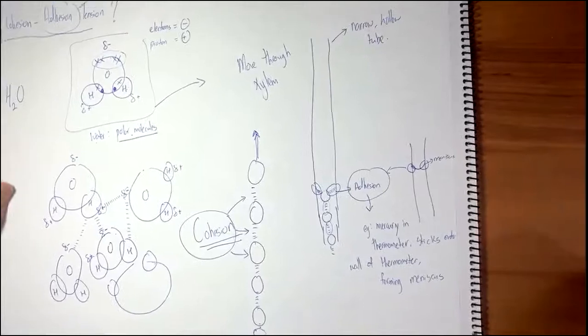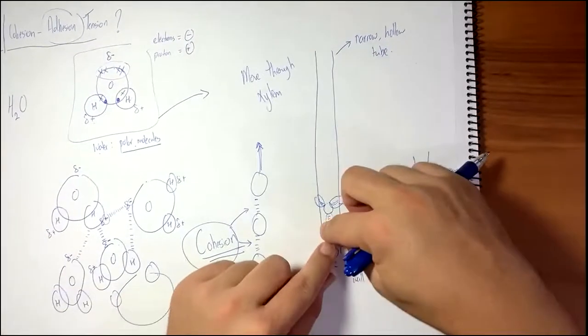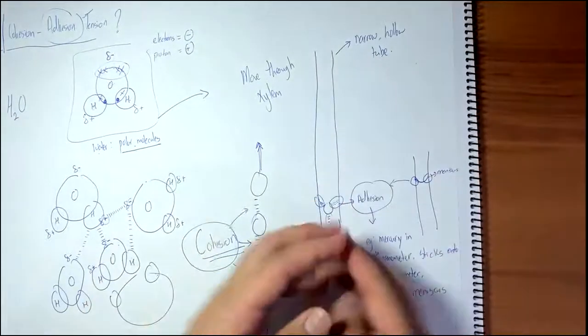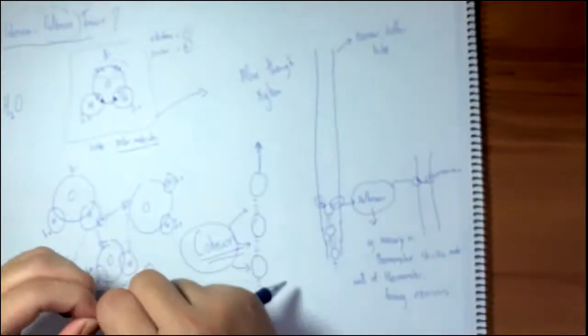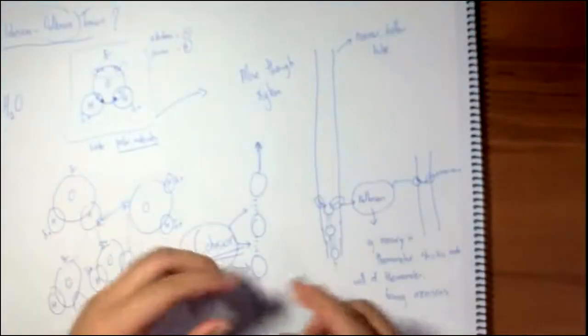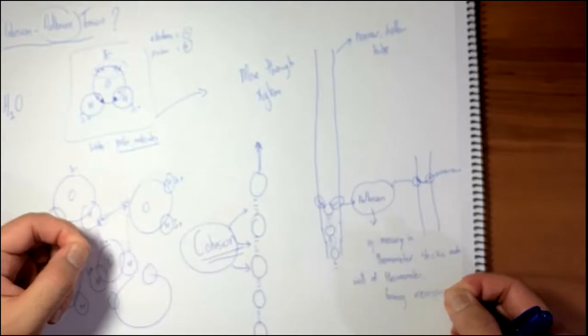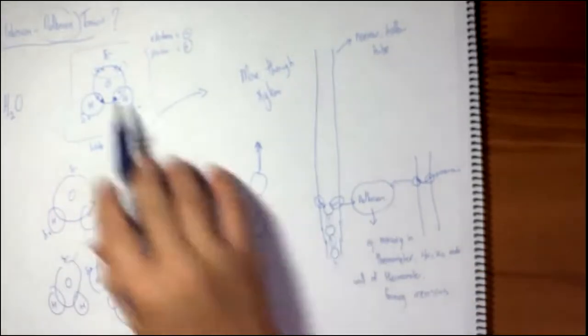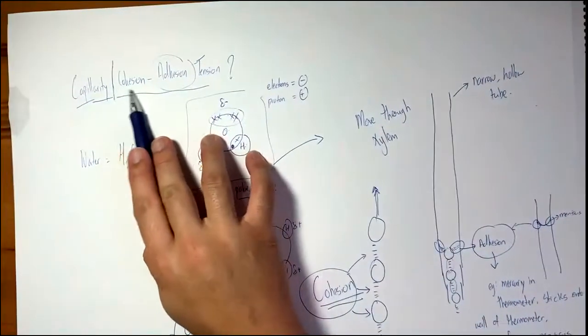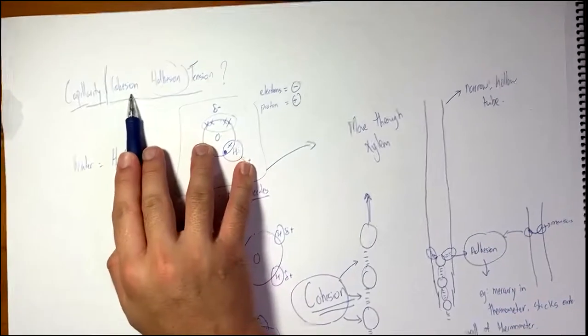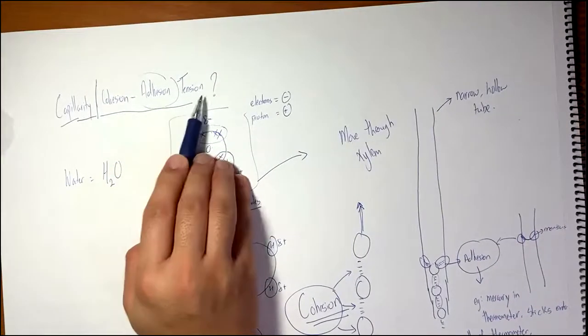Okay, and when you pull it up, it's like a string of beads. When you pull the beads, it actually provides tension. So that's why we call it capillarity, which is cohesion, adhesion, tension.